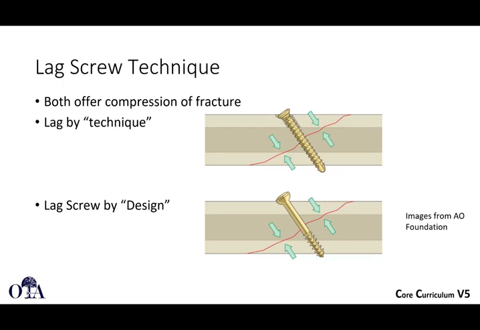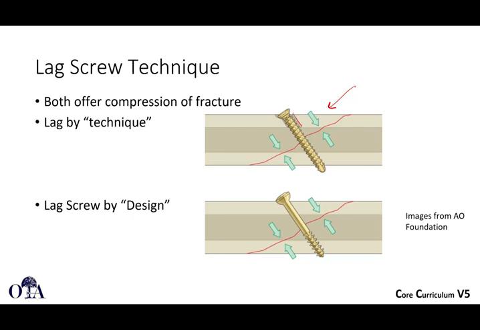What about lag screws? Now, whereas you can ask your surgical tech, can you please hand me the cannulated screw, you can't really say hand me the lag screw. A lag screw can be a lag screw by design. If you have a partially threaded screw, that can act as a lag screw. Or you can use, as shown over here, a cortex screw with appropriate drilling of a gliding hole.